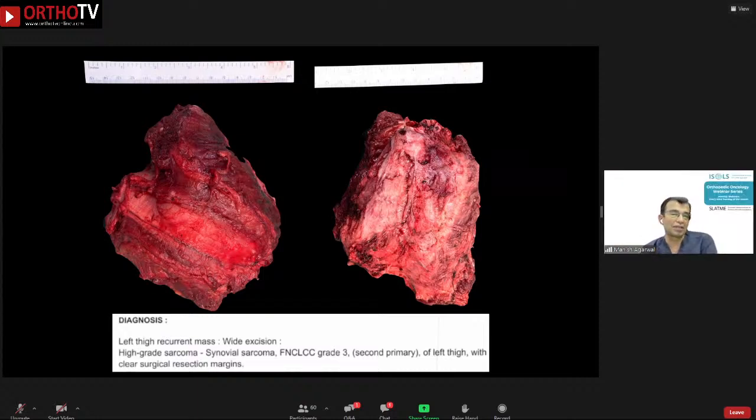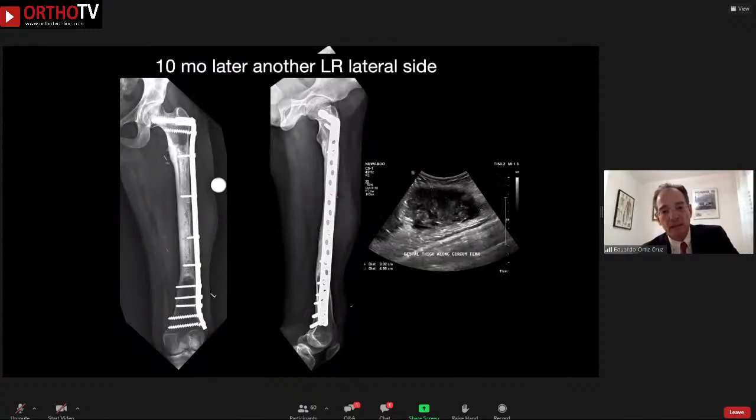So we knew that this is probably something different because previously she had an osteosarcoma, but we could not demonstrate any osteoid or any bone formation in the final specimen. So this patient needs genetic studies because she has two high-grade sarcomas in 5 years, osteosarcoma and synovial sarcoma. That is very interesting. Yeah.